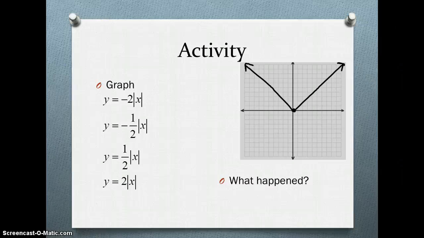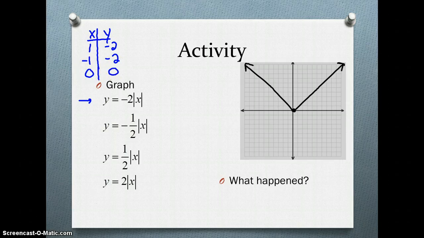If we look here, in an xy table, in this case right here, when x is 1, y will be -2. When x is -1, y will also be -2, because the absolute value of -1 is 1 times -2 gets us -2. And then I'll come back to 0, and we'll still get 0. So I have 3 points I can graph.